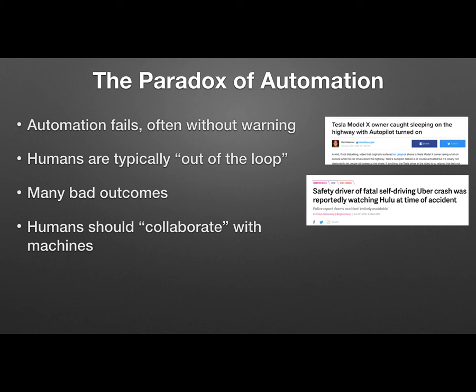It's a good system. It drives. The safety driver doesn't want to just sit there and look at it. But as soon as it needed the safety driver, they didn't have time to get back in and to stop it. There are a lot of other issues with this Uber thing, but for our purposes, the idea is that they were out of the loop, and it was really difficult for them to get back in the loop.